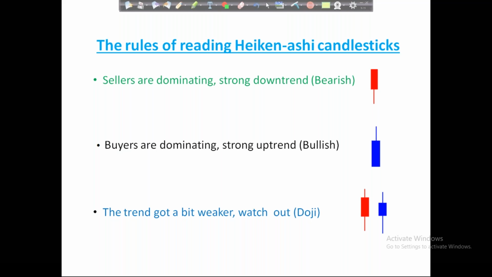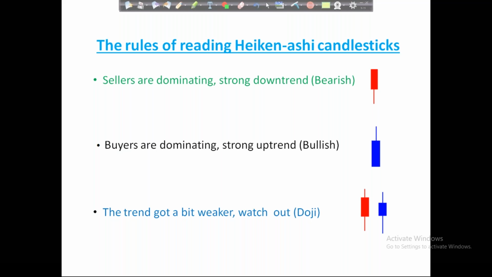Now, the rule of reading a Heiken Ashi candle. This is the most important thing. Open and close, automatically they will form. We don't need to calculate. Now, this thing we must know: how to read a Heiken Ashi candle. There are 3 types of Heiken Ashi candle. Remember, color doesn't matter.